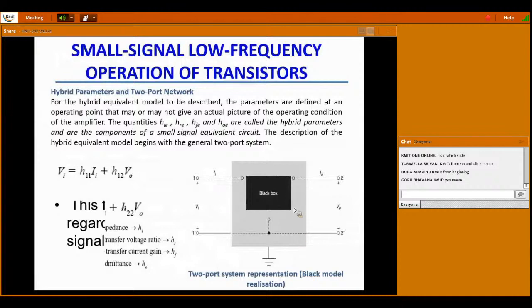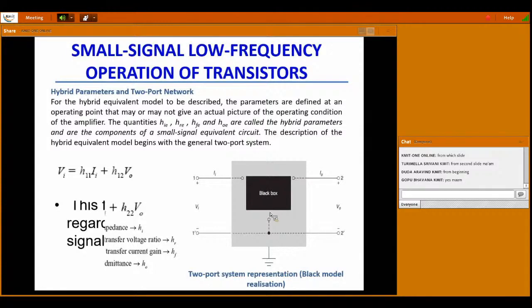In order to obtain a two-port network, we require 2 terminals at the input and 2 terminals at the output. On the input side, I am taking the 2 terminals as 1 and 1 dash. Output terminals, I am taking as 2 and 2 dash. Now, in a transistor, we have 3 terminals.